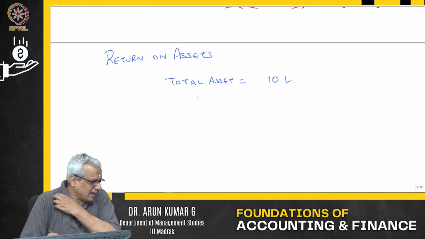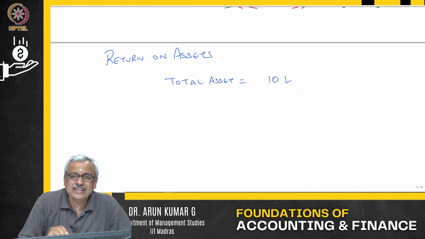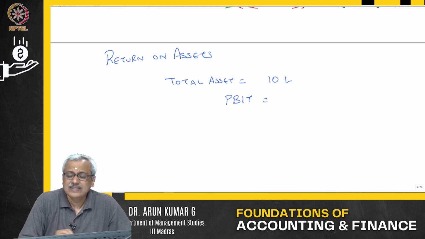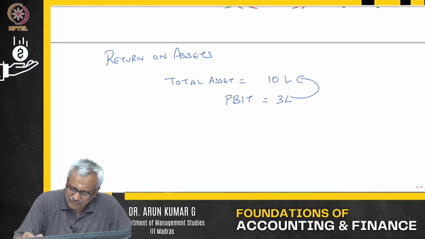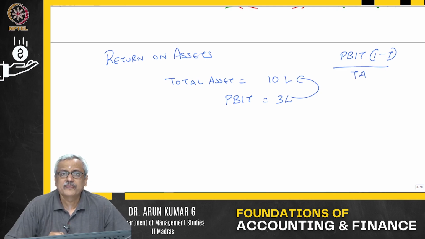If I look at my net income, or I would say my profit before interest and tax, it is about 3 lakhs. So I would look at the effect of this. I will say my profit before interest and tax into 1 minus the tax rate, divided by my total assets.